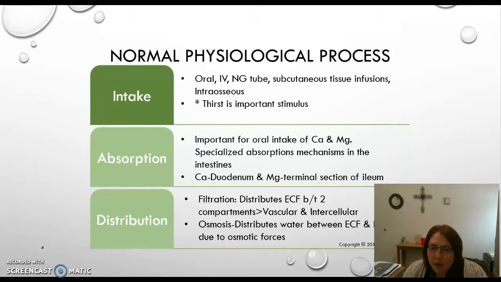With distribution, we can also have what we call osmosis, which is the distribution of water between extracellular fluid and intracellular fluid due to osmotic forces. And then electrolyte imbalances and things like that. So we have to have these aspects.